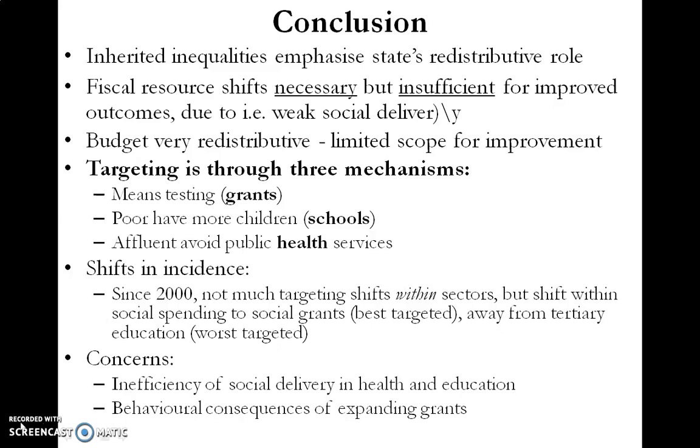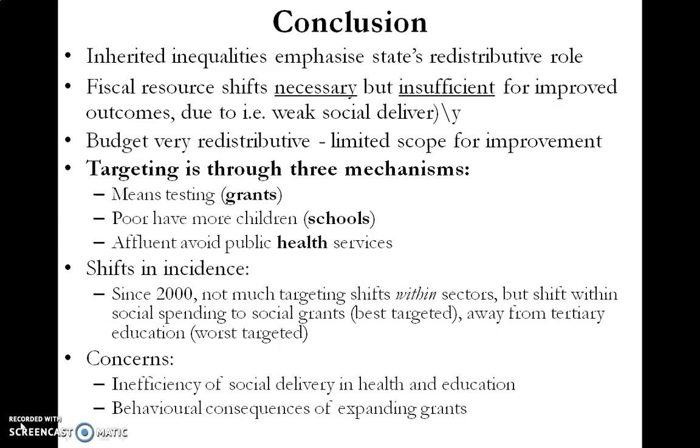We have to add a clause here because since Fees Must Fall, we have found that there has been a shift in incidence in terms of what government is spending for tertiary education, and that has meant that more rich people are benefiting from this resource shift than the poor.